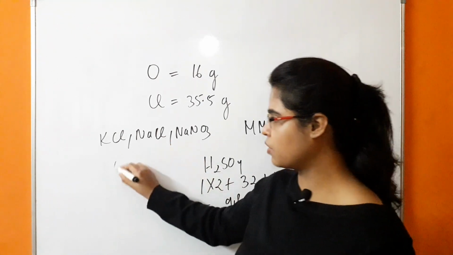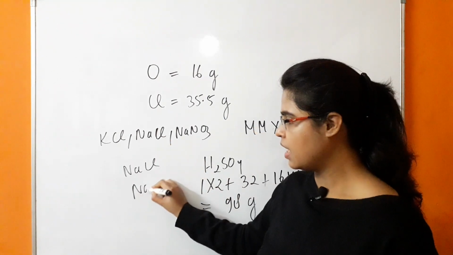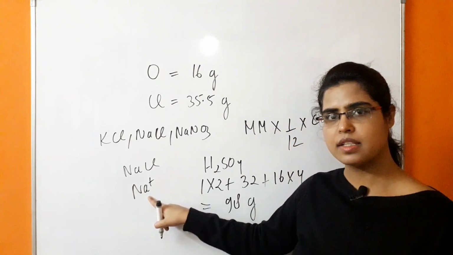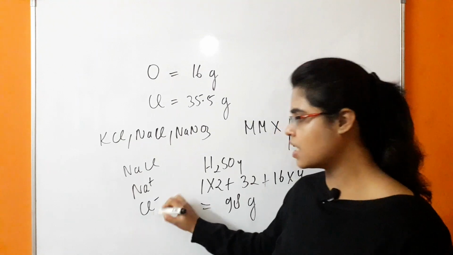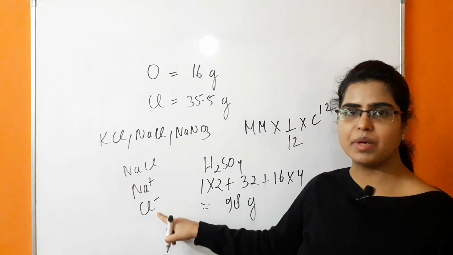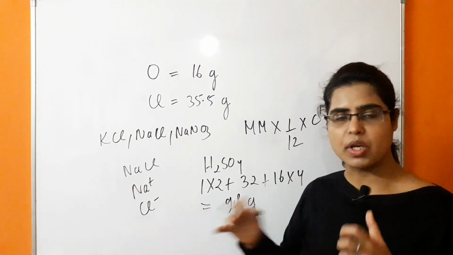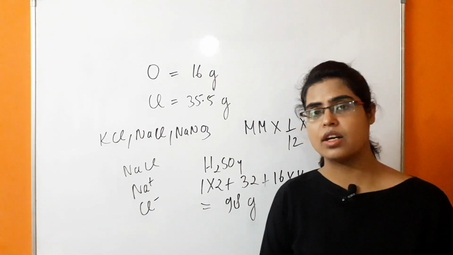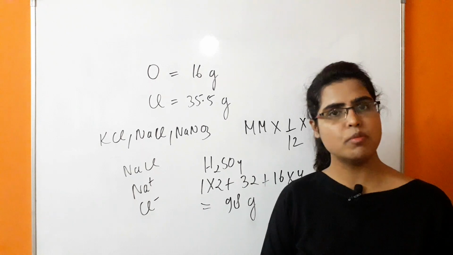For example, in NaCl, a single Na plus ion is surrounded by 6 Cl minus ions. Similarly, a single Cl minus ion is surrounded by 6 Na plus ions. Because of that, they form a close-packed structure. It means they do not exist in the form of molecules.